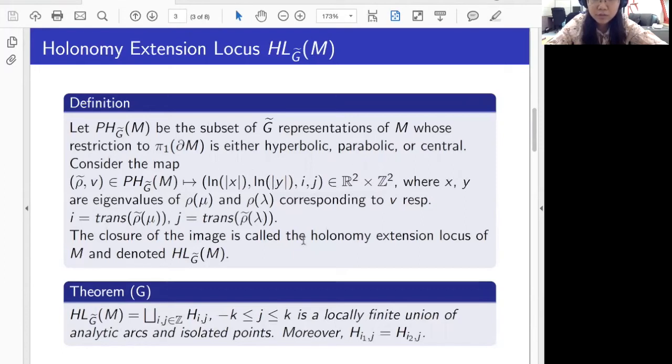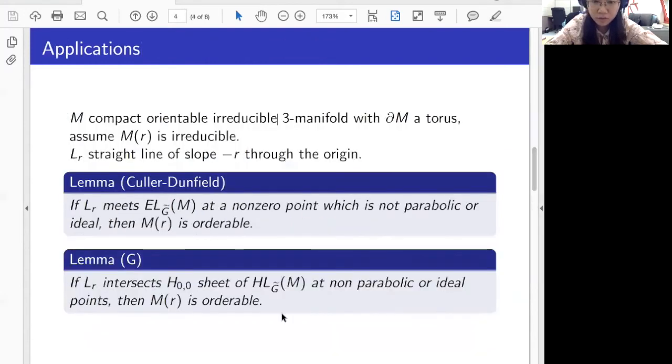The ideal point only lives in the closure of the image of the map, so it does not come from a representation. Coming back, the translation number of the longitude being 0 is very important. For other sheets of the holonomic extension locus with non-zero translation number of the longitude, we do not have the theorem.